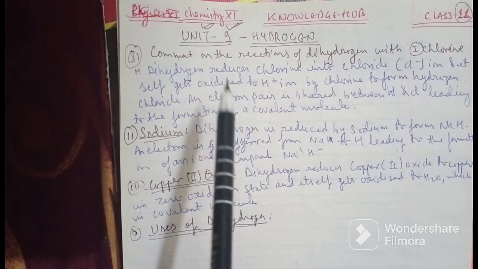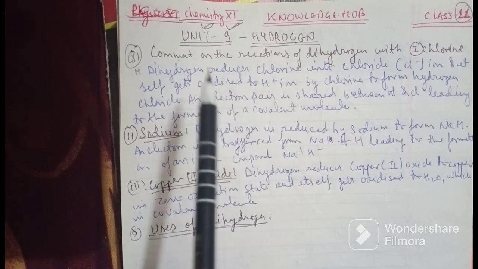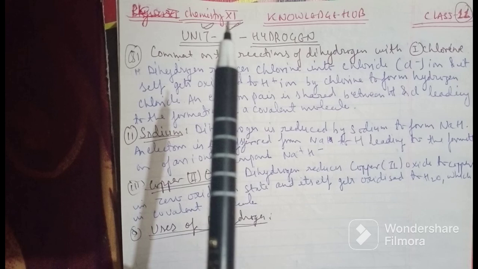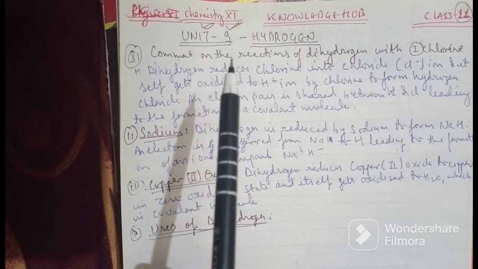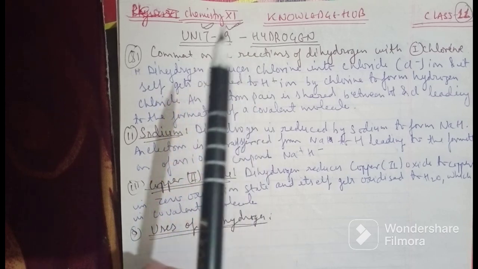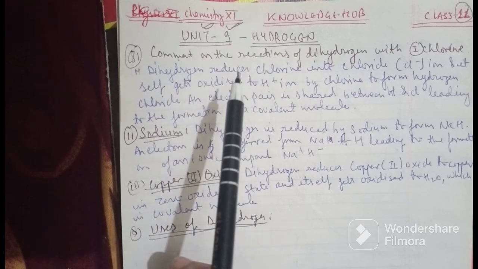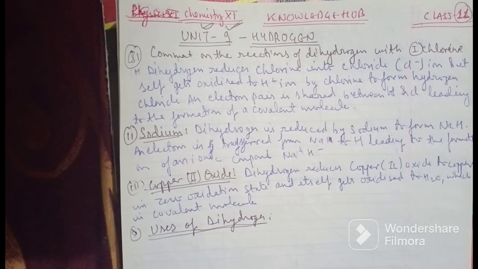Dihydrogen is also used to manufacture vanaspati fat by the hydrogenation of polyunsaturated vegetable oils like soya bean, cottonseed, etc. It is used in the manufacture of bulk organic chemicals, particularly methanol.